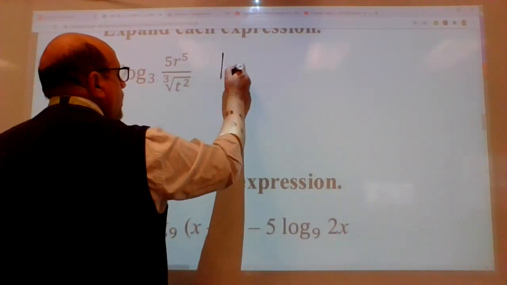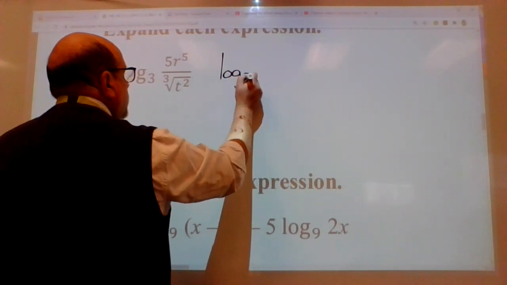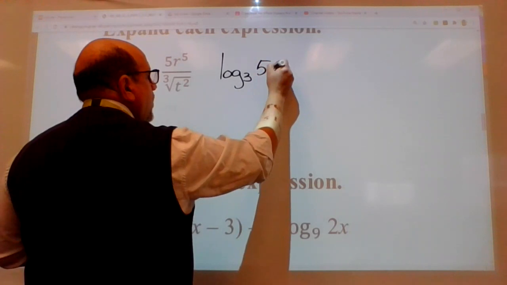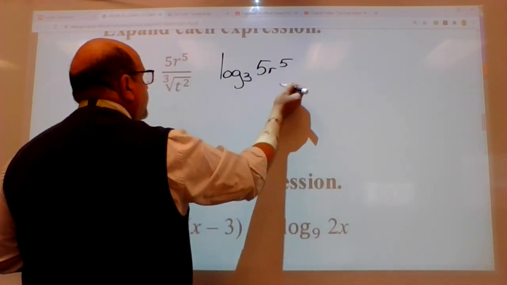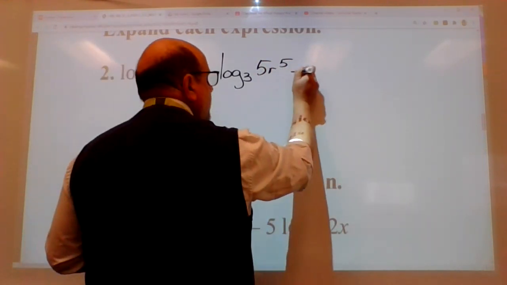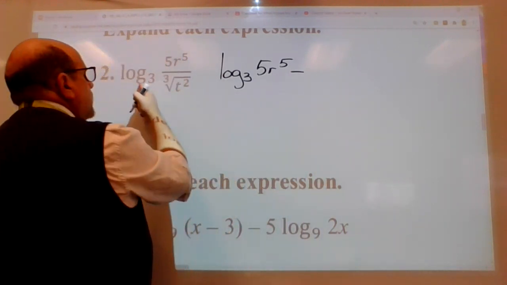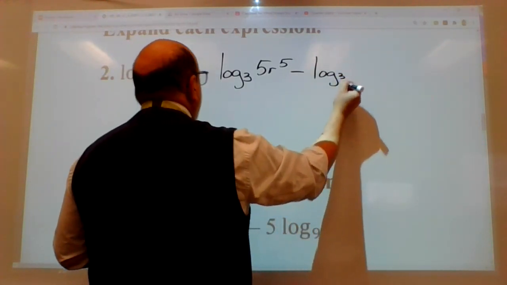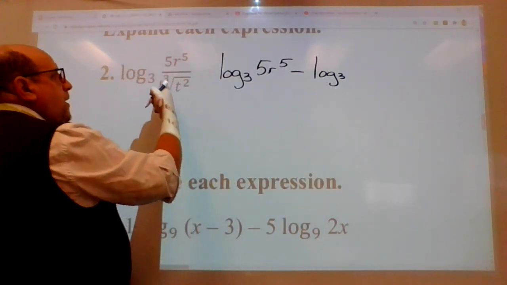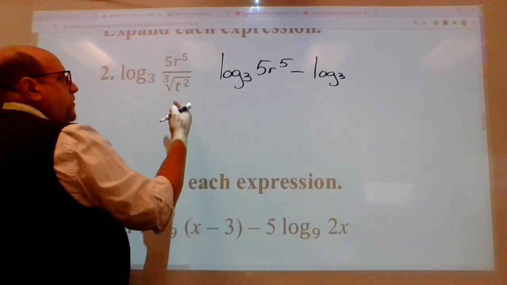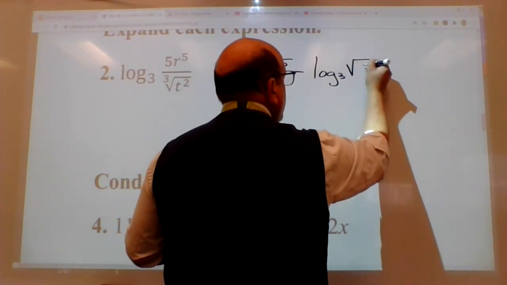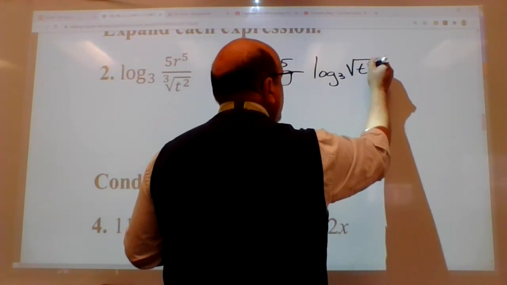So I have log base 3 of 5r to the 5th, minus log base 3 of the cube root of t squared.